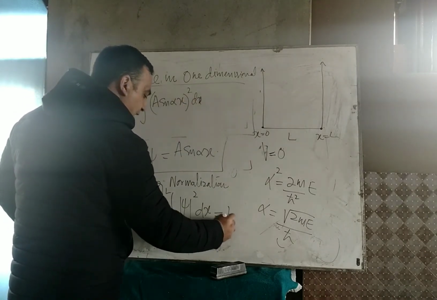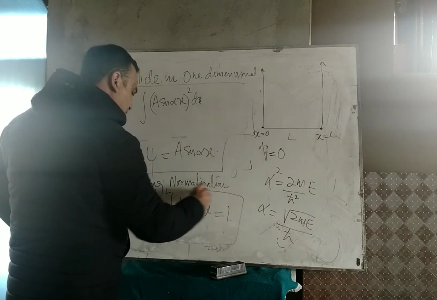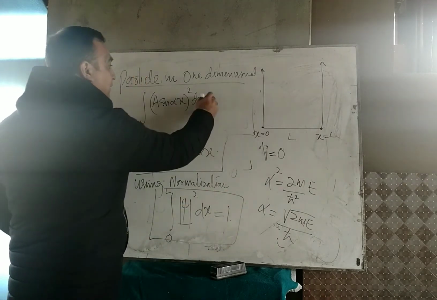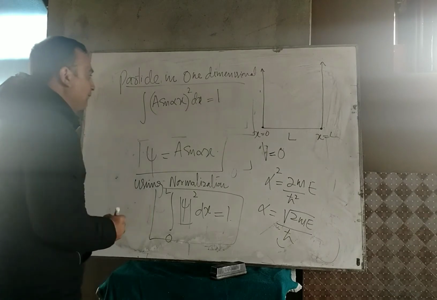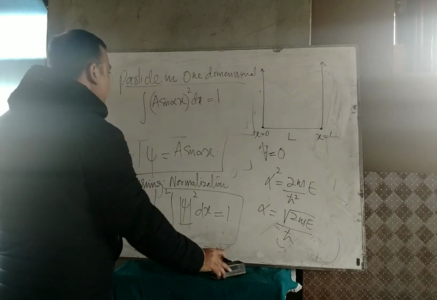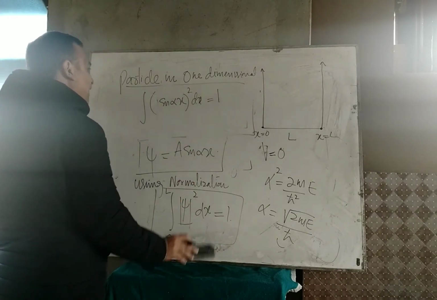This must be equal to 1. So a square can come outside of the integral.